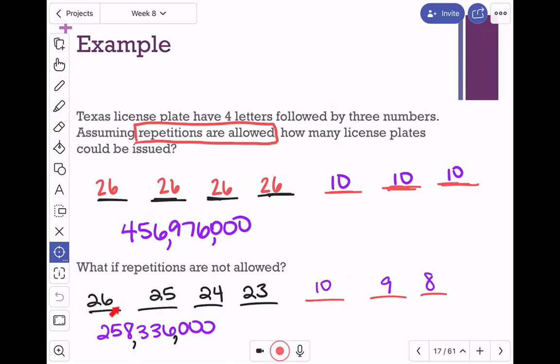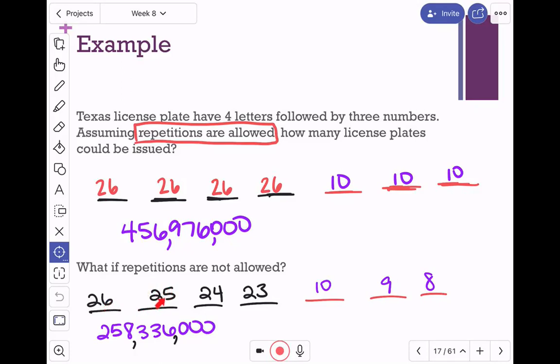What it says is that if you look at this first spot, when we started this, there were 26 ways to rearrange those 26 letters. Everybody got that? Once I put a letter in this blank though, how many letters do I have left? Let's say I put A right here. I no longer have the option of A, so I only have 25 letters to choose from.